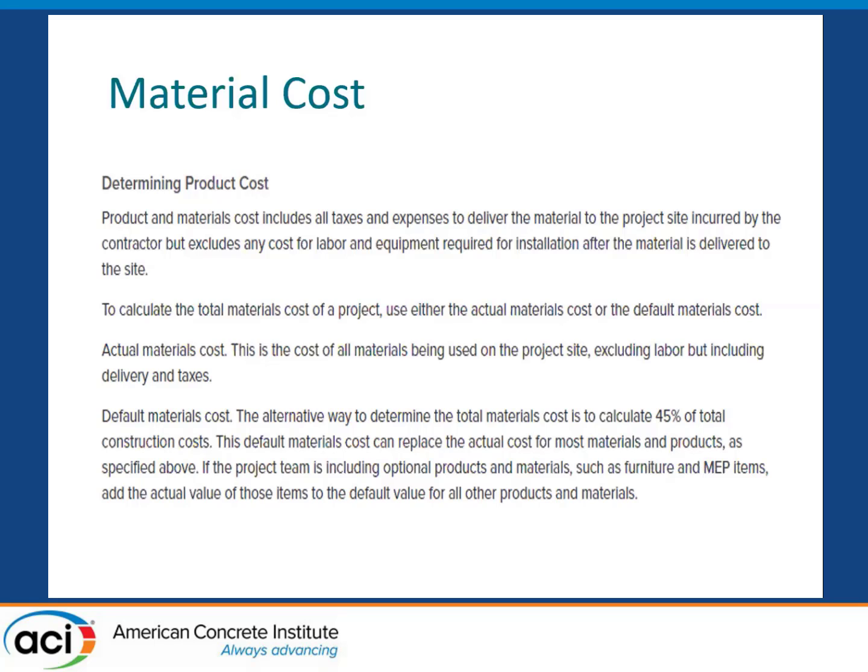What you're going to see, and this is written right in the LEED documentation, is that the product and material costs include all taxes and expenses to deliver the material to the project site incurred by the contractor, excluding any costs of labor and equipment required for installation after the material is delivered to the job site.